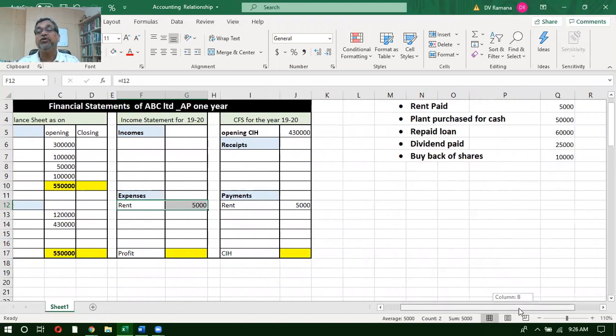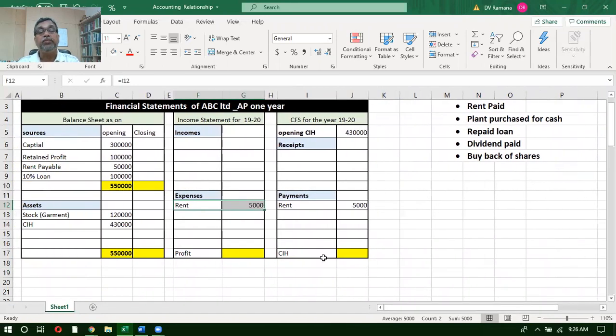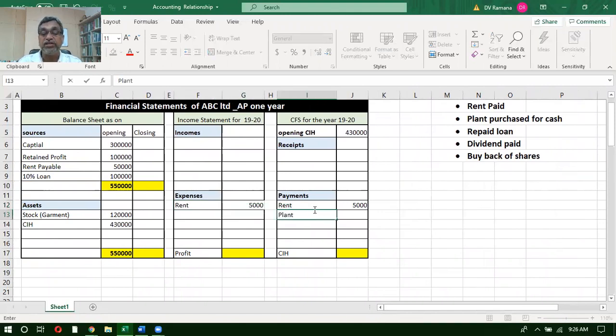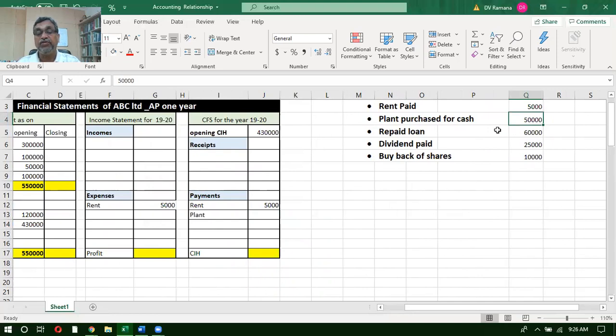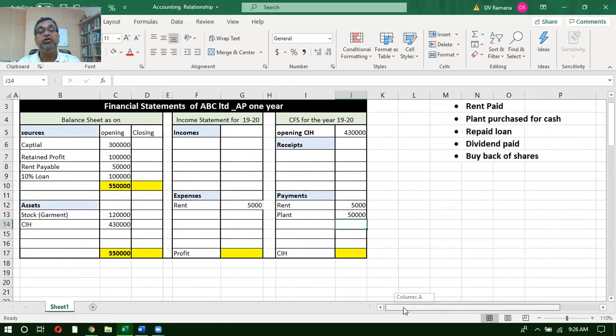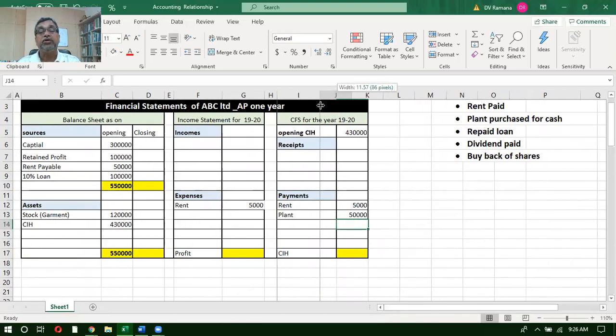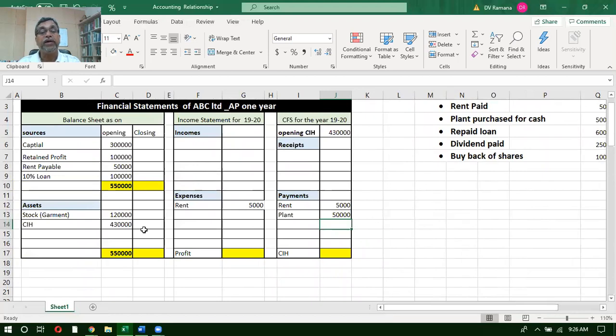Purchase plant for cash, 50,000. This is another transaction which has resulted in a cash outflow of 50,000, and this is not an expense, but an acquisition of an asset.